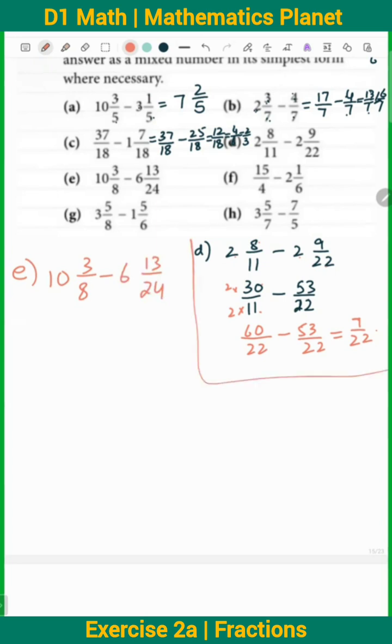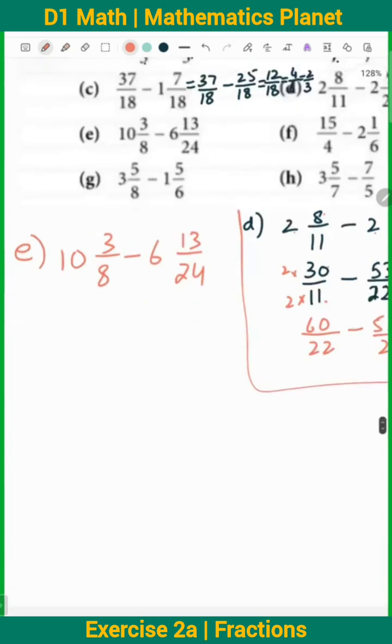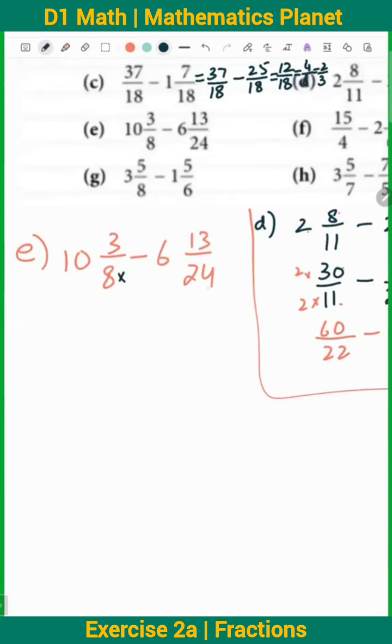Okay. In this, can you make this fraction equal to the denominator by multiplying it with 3? So you get 10 whole 9 by 24 minus 6 whole 13 by 24. So what do we get? 10 minus 6, 4 whole. Yes, students, are you getting it, or do you want to convert it into the improper form?